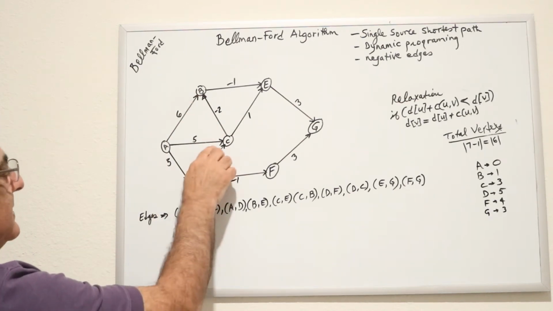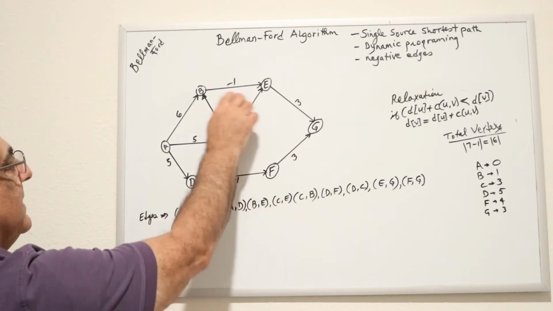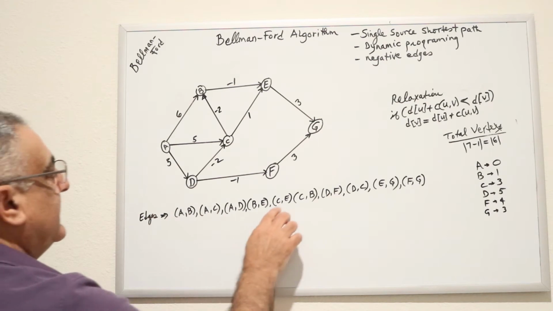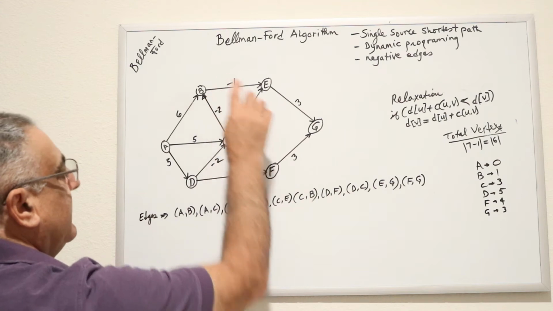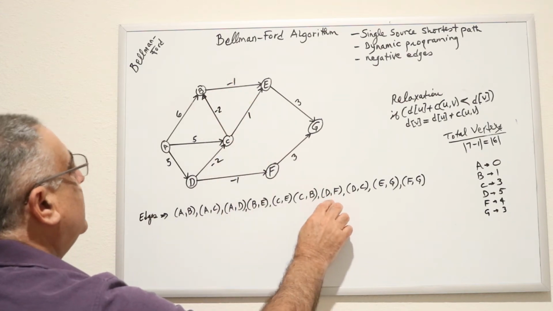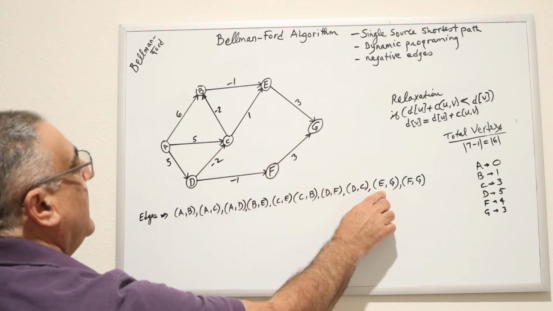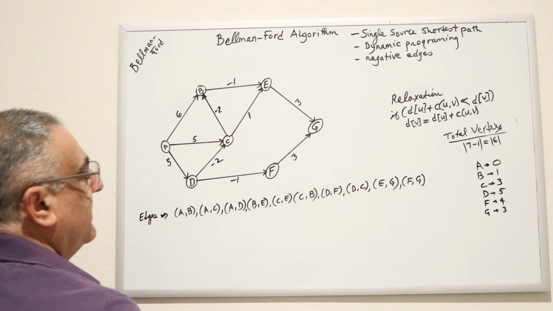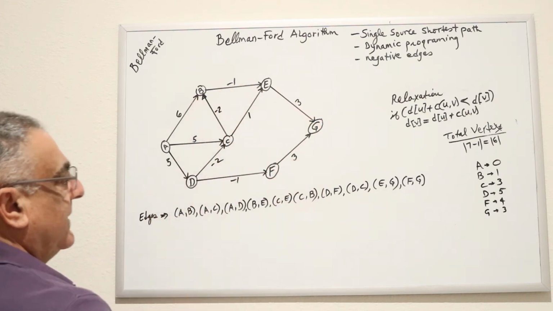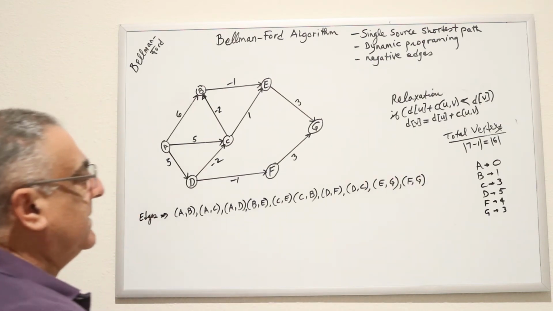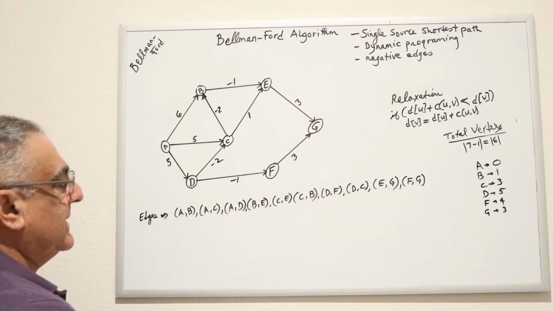A to C, that's A to D. B to E, that's the only one, B to E. C to E, so C to E, C to B, D to F, D to C, E to G, and F to G. So since there are 1, 2, 3, 4, 5, 6, 7 nodes, or vertices, we're going to go through this 6 times.